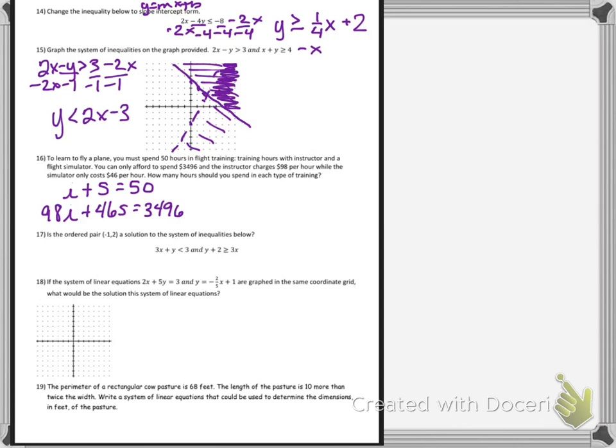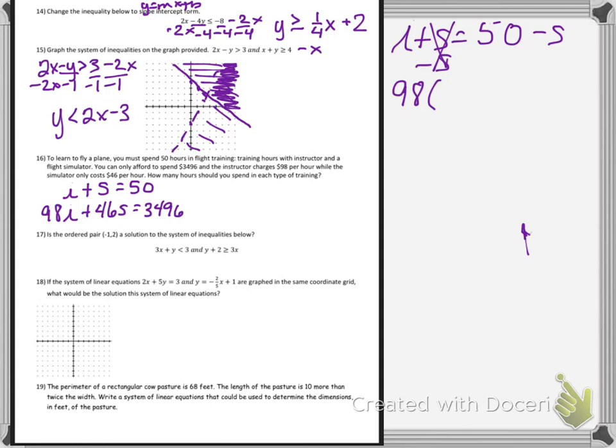I did substitution where I said, okay, I plus S equals 50, and I went ahead and I solved for I, so I said minus S. And I put that in place on the second one, so I said 98.